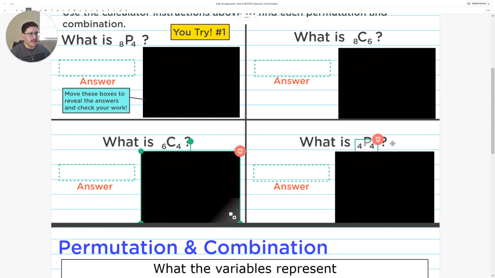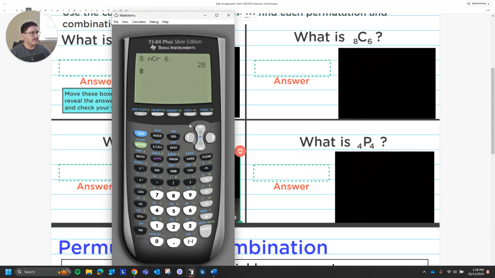And then finally, I'm going to use TI-84 for the last problem. Again, input the n value first, so you're going to press 4, then math, right to PRB, and then choose option 2 for nPr, for permutation. Then type in the r value, which is 4, and we have 24 different permutations of ordering, if order matters.